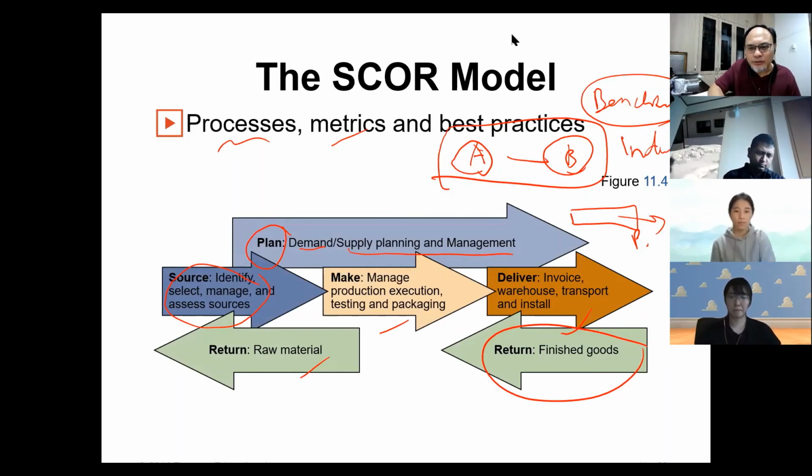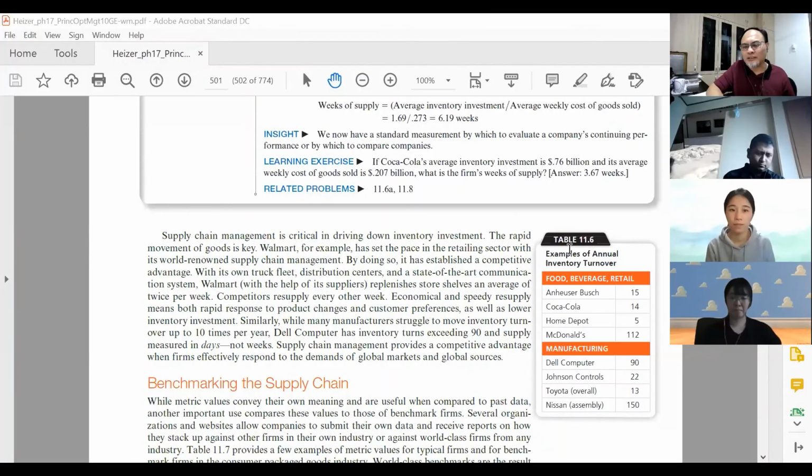So you need to recognize that benchmarking of supply chain, or benchmarking of, for that matter, total quality management and so on, is just to see ourselves.